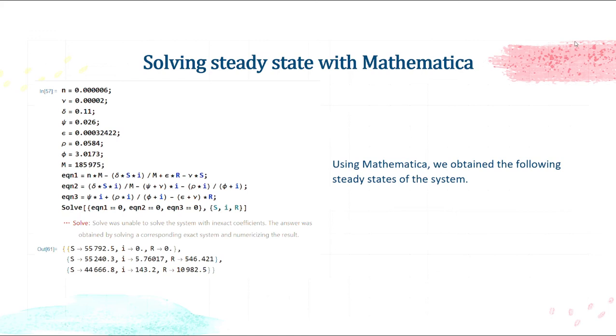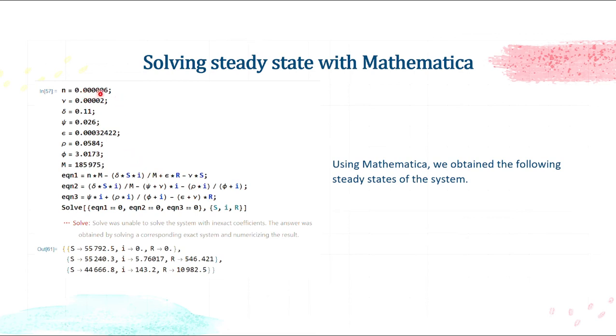In this section, I will continue on with solving the steady state with Mathematica. So here's the following. Using Mathematica, we input the following parameters as previously mentioned: n equal to 0.006, or technically the n with the long leg on the right, and also the N is actually the uppercase N for different reasons when we're using Mathematica.